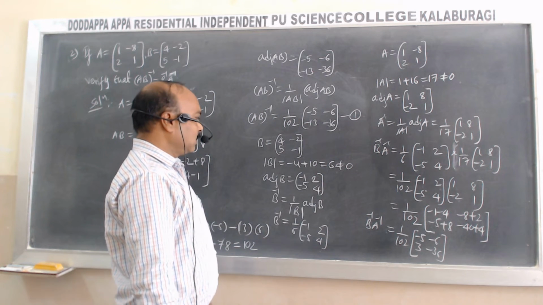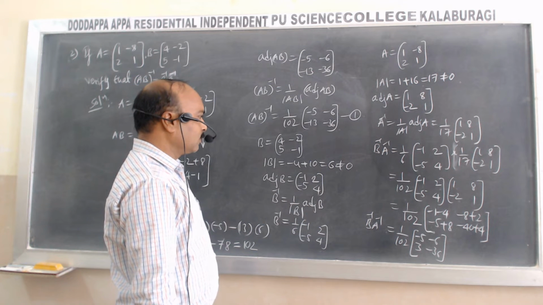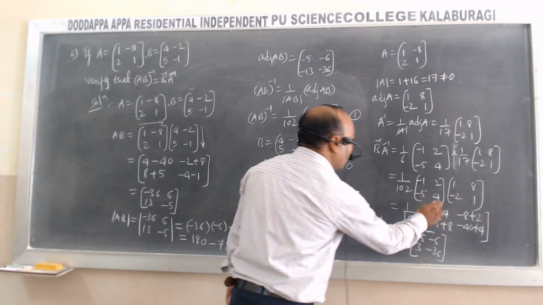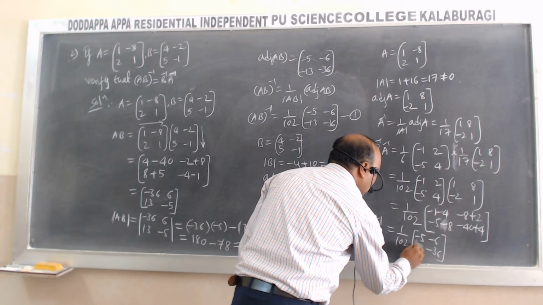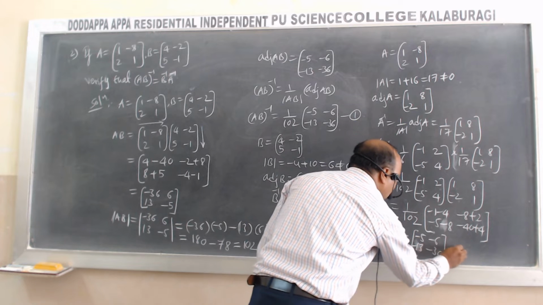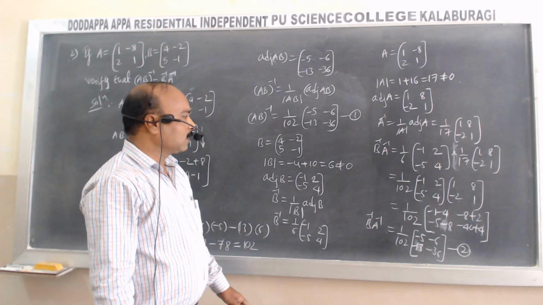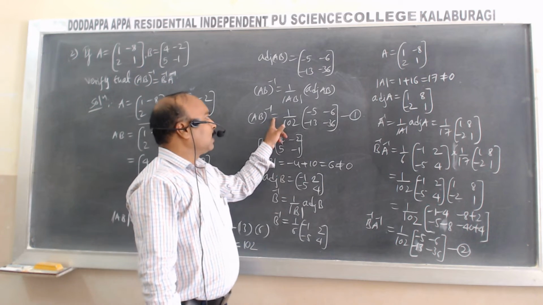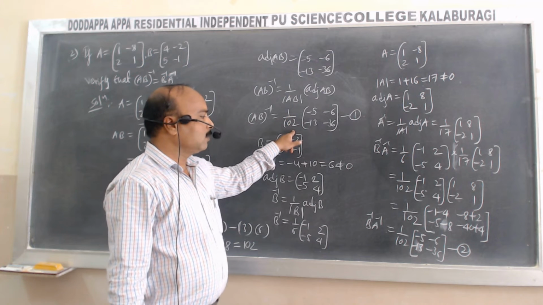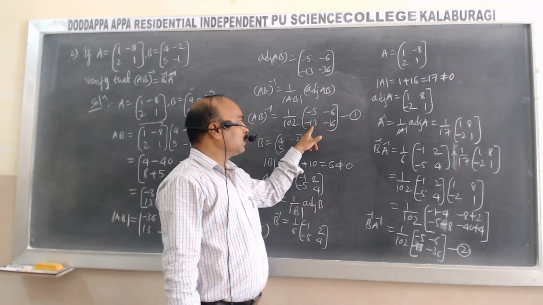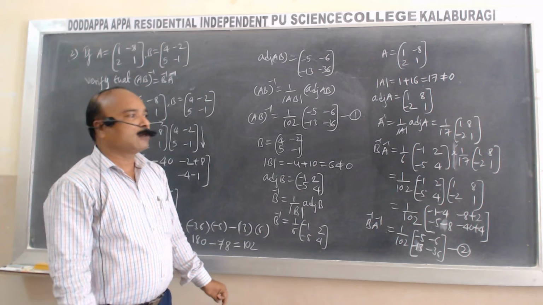Now we check the result of both. It is 4 into minus 2 is minus 8, so minus 8 minus 5 is minus 13, call this as 2. Now we observe equation number 1 and 2, we get RHS are equal, that is 1 by 102 into minus 5 minus 6 minus 13 minus 36, both RHS are equal.